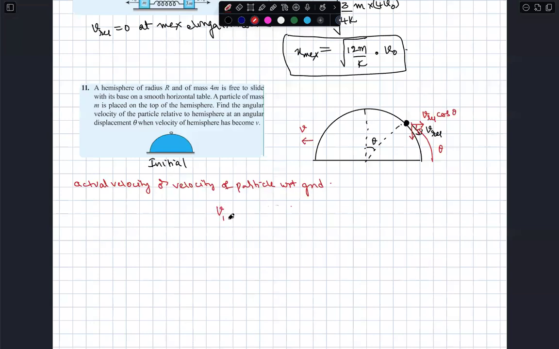Velocity of the particle with respect to ground is defined as velocity of the particle with respect to hemisphere plus velocity of the hemisphere. So, I am taking the x component only.